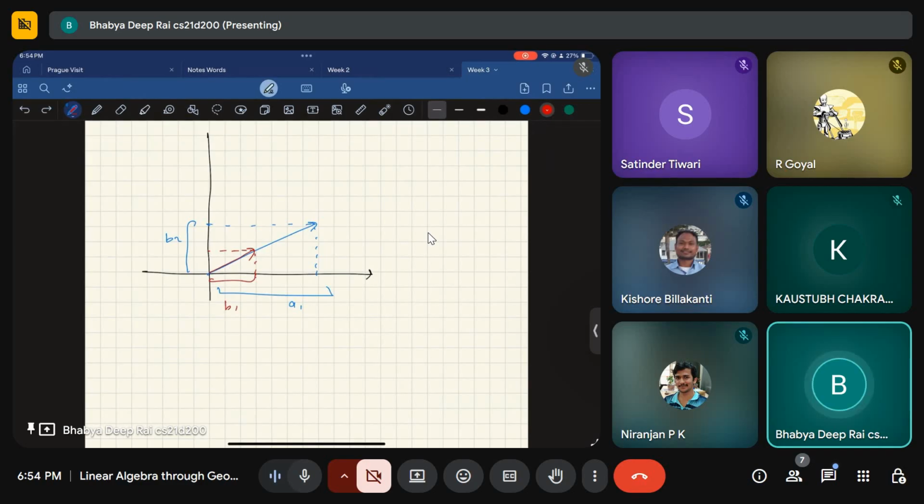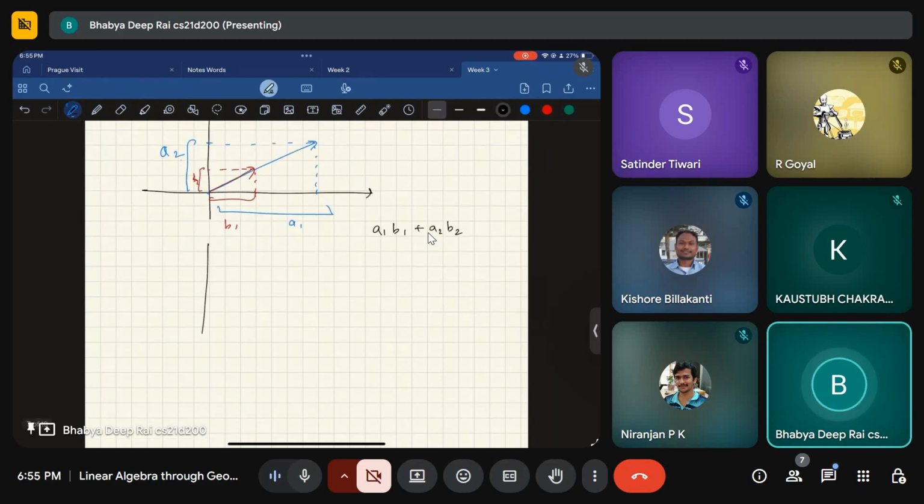Now, the fact that they are collinear is going to matter. For example, let's say this is the vector 1 1, and then there is another point like 3 3, collinear.